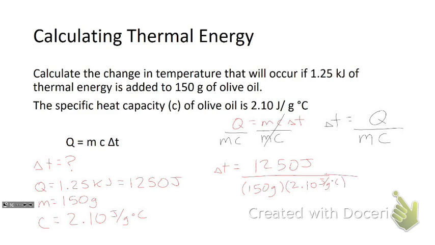Okay, when we do this operation, our joules will cancel, our grams will cancel, and we're going to be left with degrees Celsius. And the change in temperature, we have 3 digits, 3 digits, 3 digits, so I will give this one to 3 digits. So delta T is equal to 3.97 degrees Celsius.